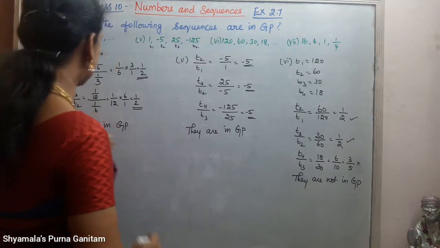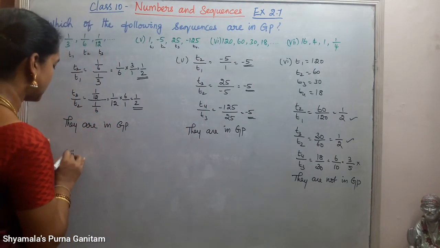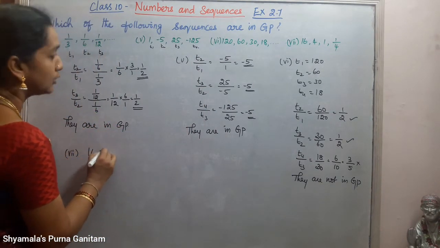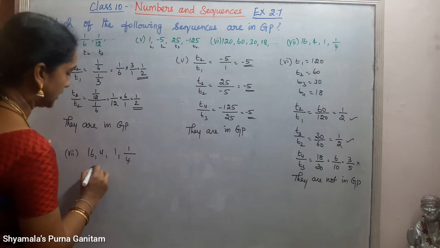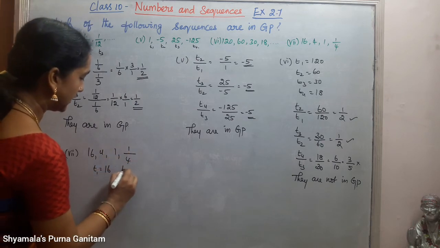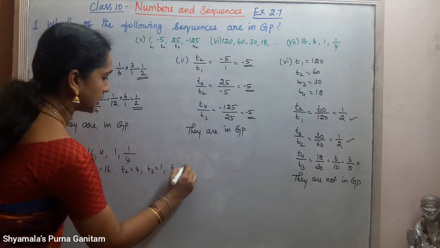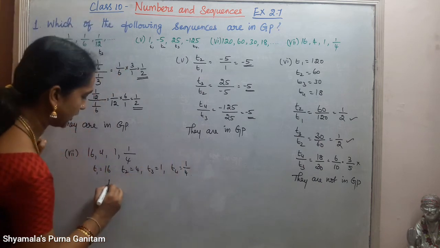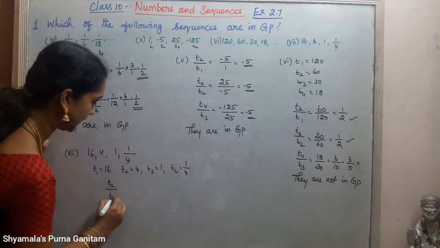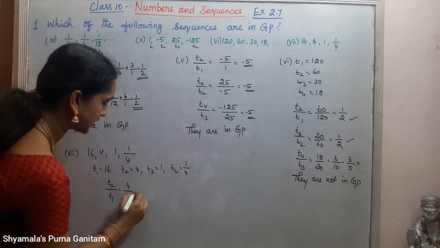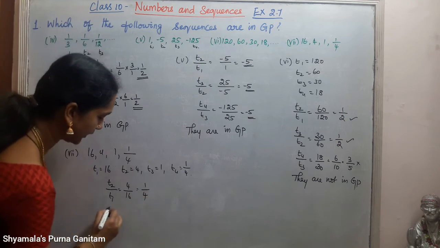Okay. Then the last sum, the seventh one is 16, 4, 1, 1 by 4. So T1 is 16, T2 is 4, T3 is 1, T4 is 1 by 4. So when we compare the ratios, T2 by T1 is equal to 4 by 16, that is equal to 1 by 4.